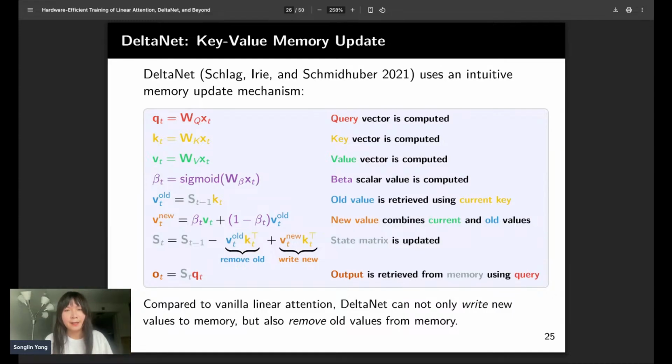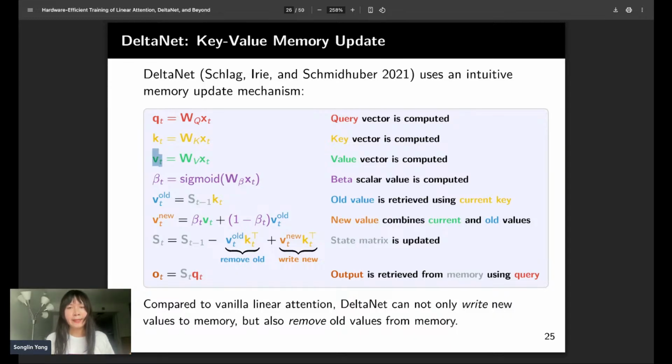DeltaNet is actually a classical model proposed by Schlag et al., and it uses a very intuitive memory update mechanism. We have the query, key, and value vectors, very similar to linear attention or softmax attention. We have several linear projections on the input data to obtain query, key, and value vectors.